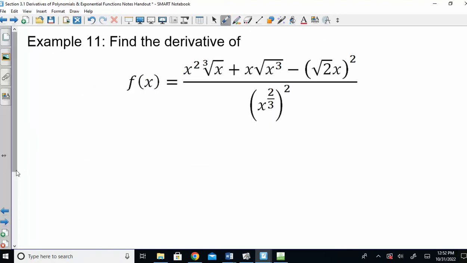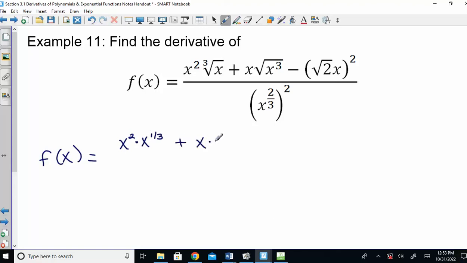All right. The last one. It is nice and ugly. So we have to do some major reworking before we can work with that one. When you have a cube root, what do we change that to? 1/3.